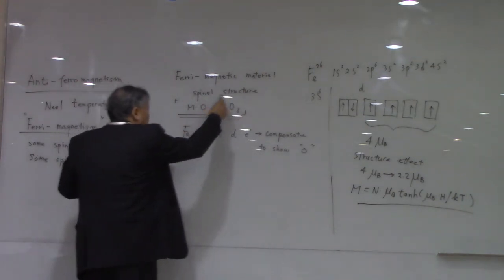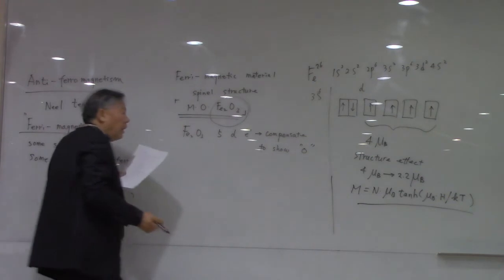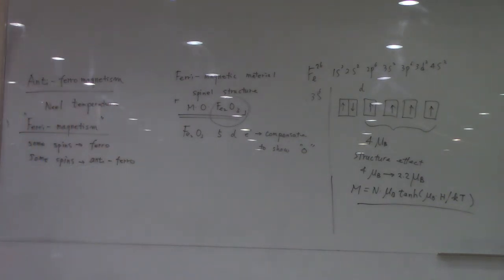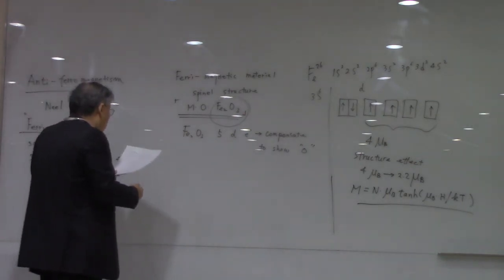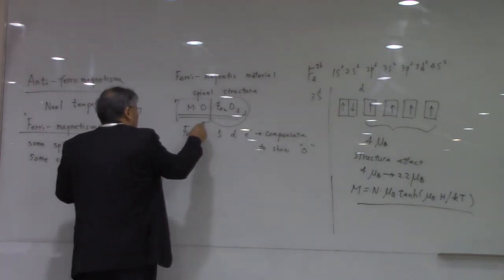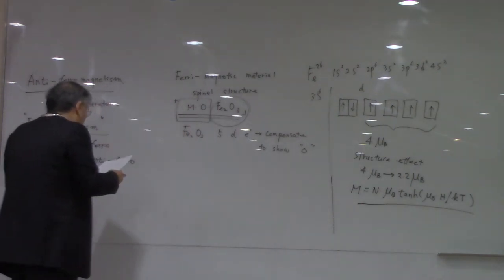So actually this one does not have any net magnetic moment because all of them are paired, okay? And then the important thing is this MO structure.